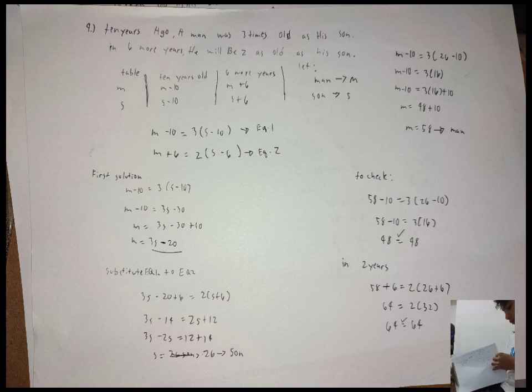Here in question number 4, the question is: 10 years ago, a man was 3 times as old as his son. In 6 more years, he will be 2 times as old as his son. So let me show you the table, for the man and his son. 10 years ago is man minus 10 and son minus 10.